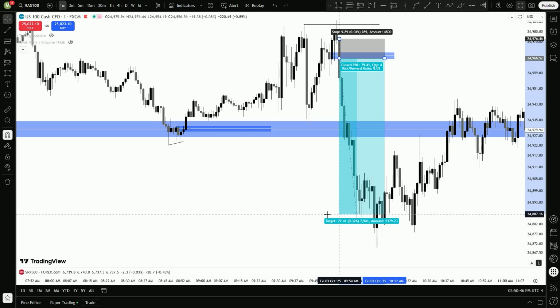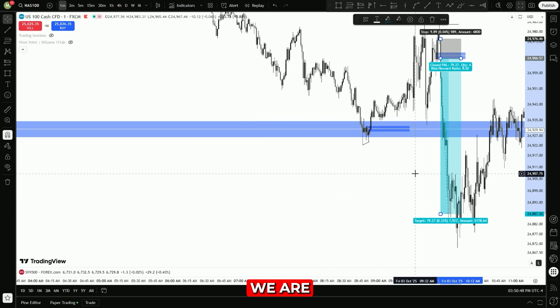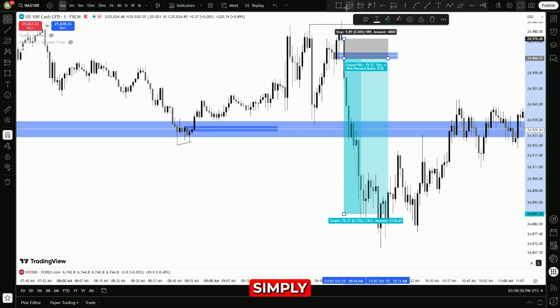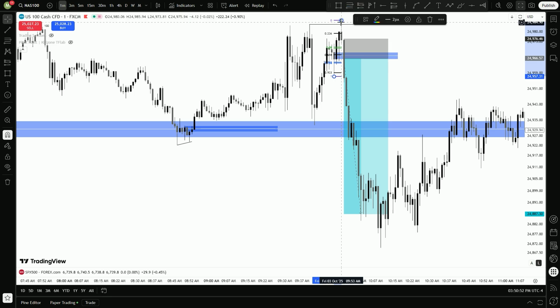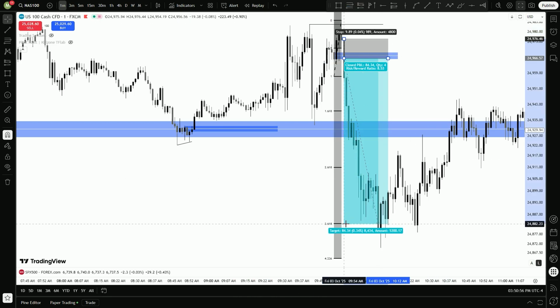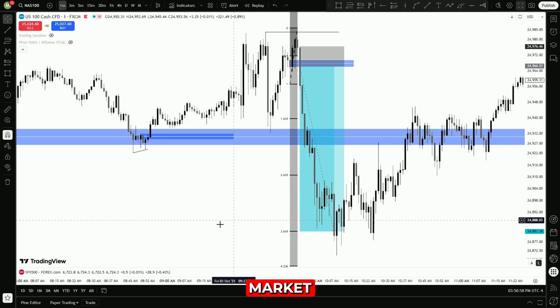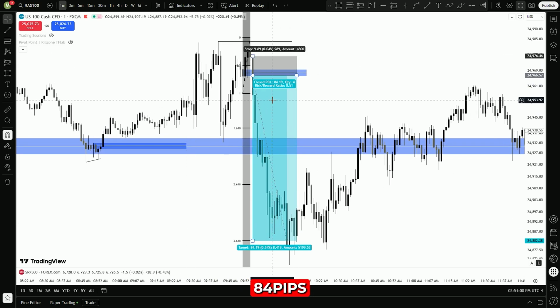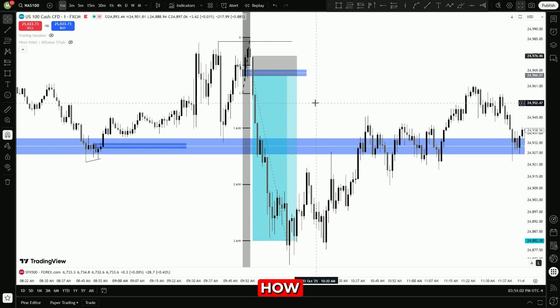Once I saw that we are coming down, what I did is we simply placed our standard deviation. This is where I'm in the market. Again, 84 pips, you're done for the day. That's how you get some good tick trades, right?